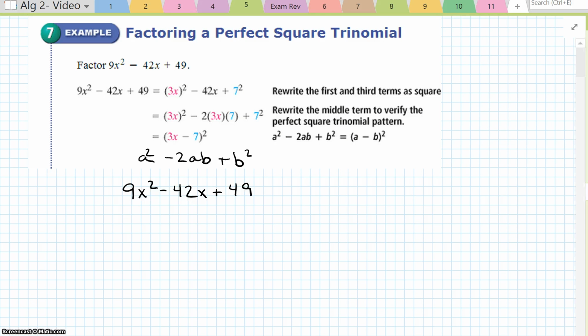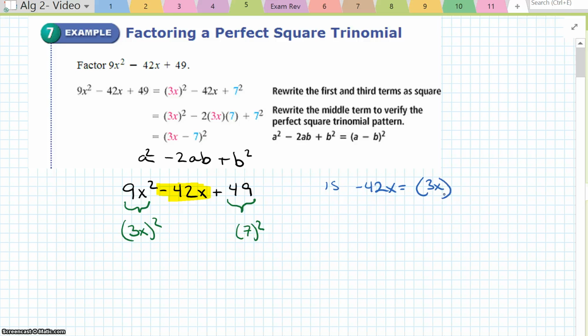So is 9x squared a perfect square? Yes, it's a perfect square of 3x. So it's going to be 3x squared. Okay, and what about 49? Is that a perfect square? Yes, it is 7 squared. So the question becomes, is negative 42x equal to our a value, 3x, times our b value, which is 7, times negative 2.